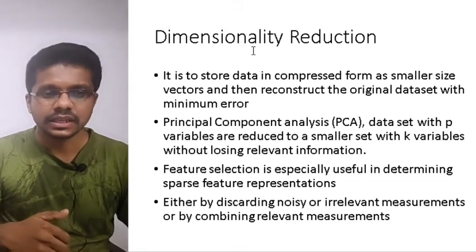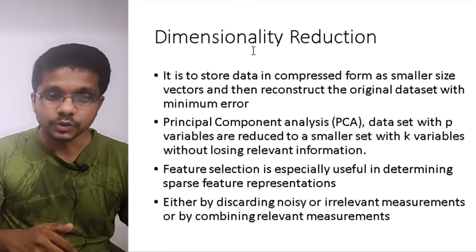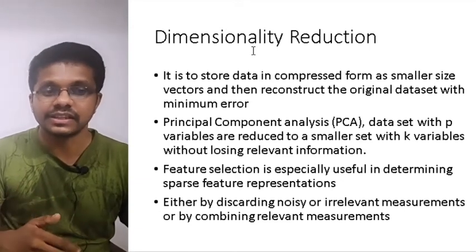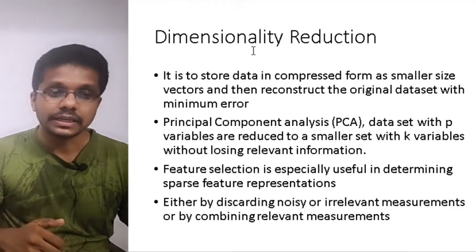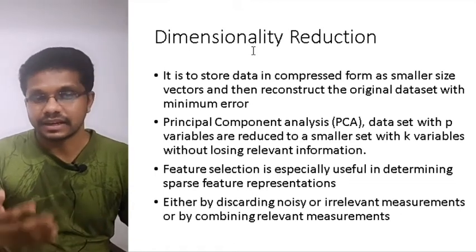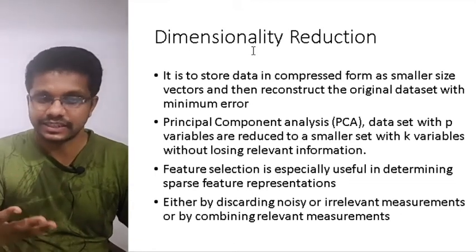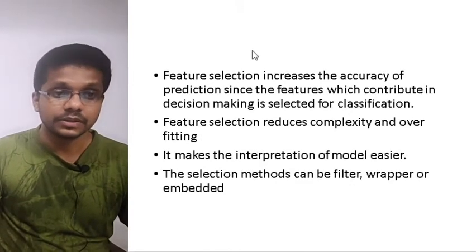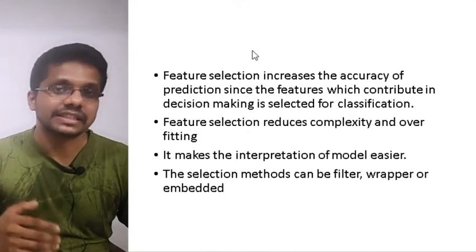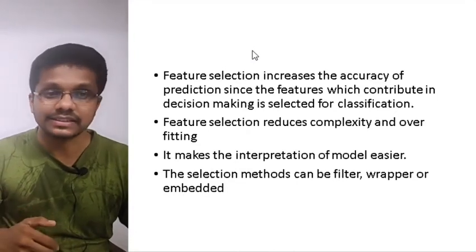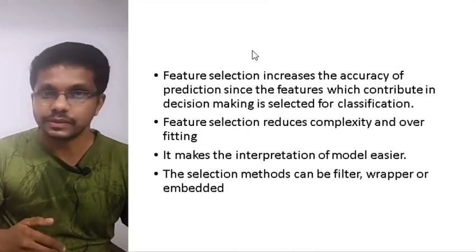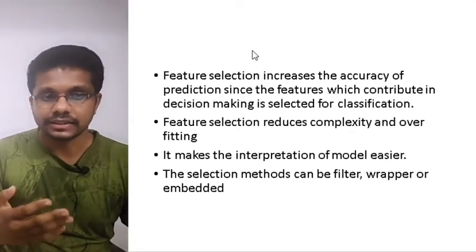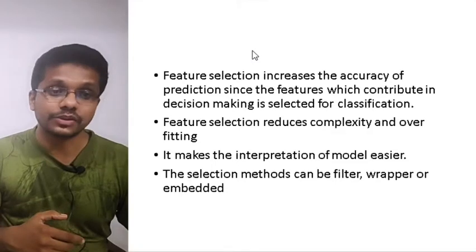It is especially useful for determining sparse feature representation. It can be done either by discarding irrelevant data, or by combining the relevant measurements. Feature selection, or dimensionality reduction, will increase the accuracy of the prediction, because we are avoiding all non-important features, and it will reduce the complexity of the process.